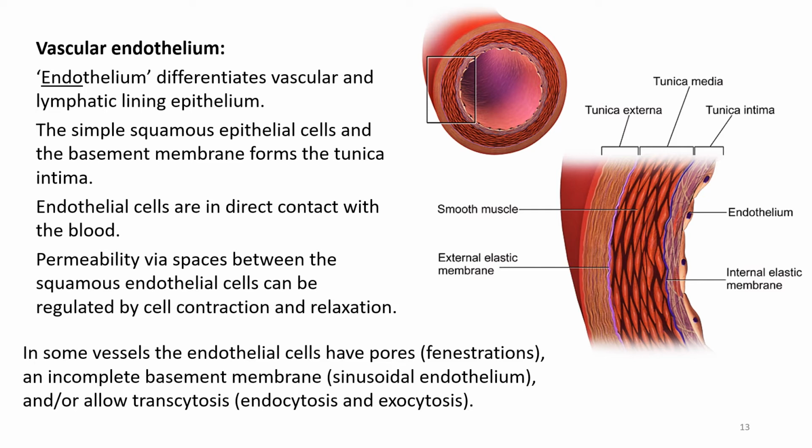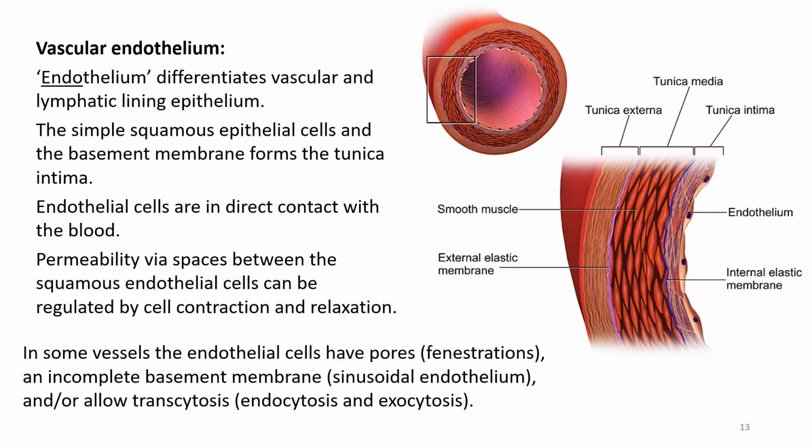In some cases, they have an incomplete basement membrane, so the basement membrane has big gaps in it. And this happens in sinusoidal endothelium, like the sinusoids within the liver that we're going to talk about in a minute. And in some cases, they allow something called transcytosis.